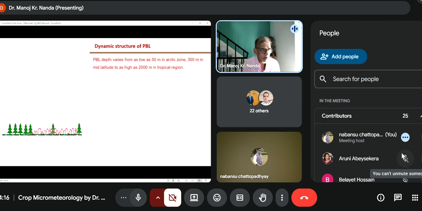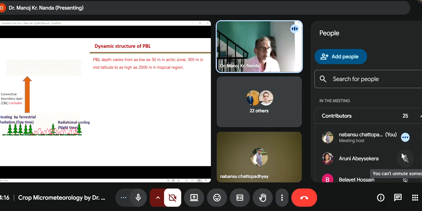This is my surface. Now during daytime there is heating from terrestrial radiation. Due to this heating, the atmosphere becomes unstable and the convective boundary layer begins to develop. See this layer, this middle one, is my target layer. Here there is heating and this layer increases in depth.